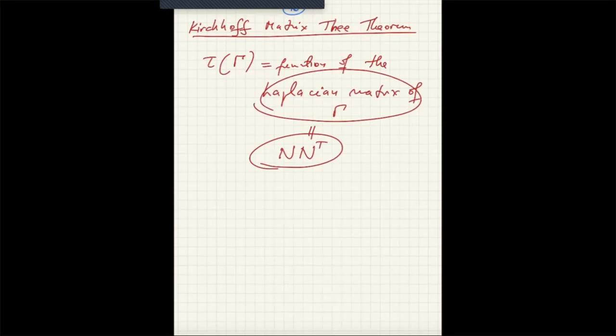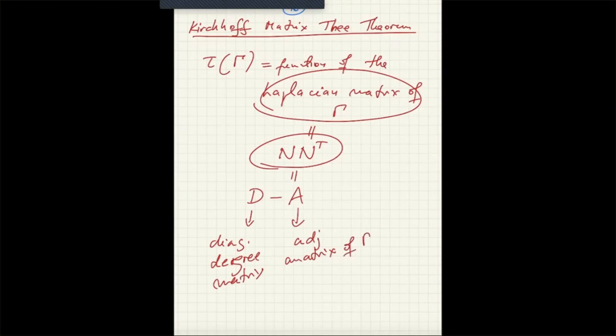The incidence matrix times its transpose always equals the same thing, and it will equal the diagonal degree matrix of gamma minus A, which is the adjacency matrix of gamma. Anyway, we'll talk more about them in the next lecture.